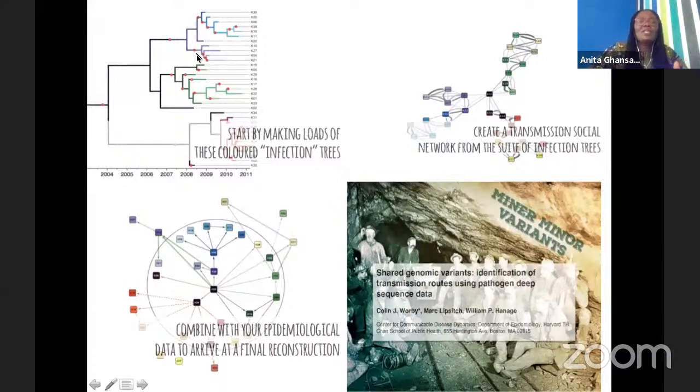Furthermore, we can also merge a number of these phylogenetic trees based on social networks, let's say various groupings in a society, and come up with a more complex analysis like this. Then we can also marry the epidemiological data to get a final construction of a network of how the pathogens are interacting within individuals and also with transmission in a population.